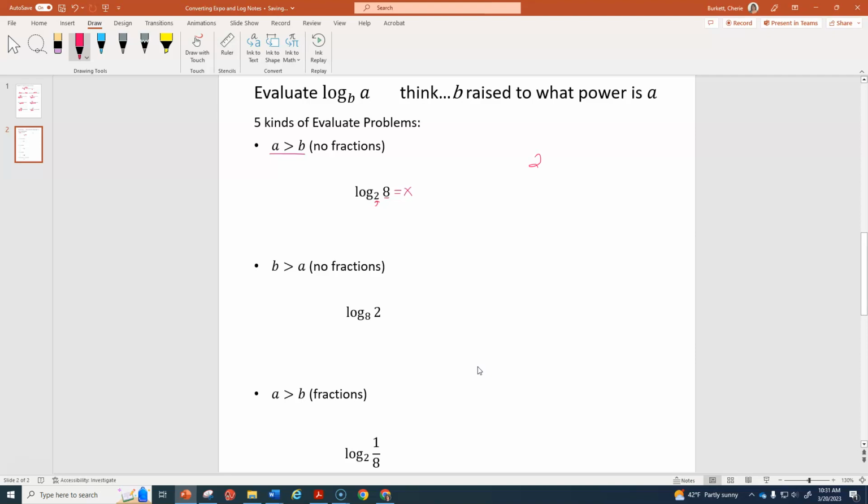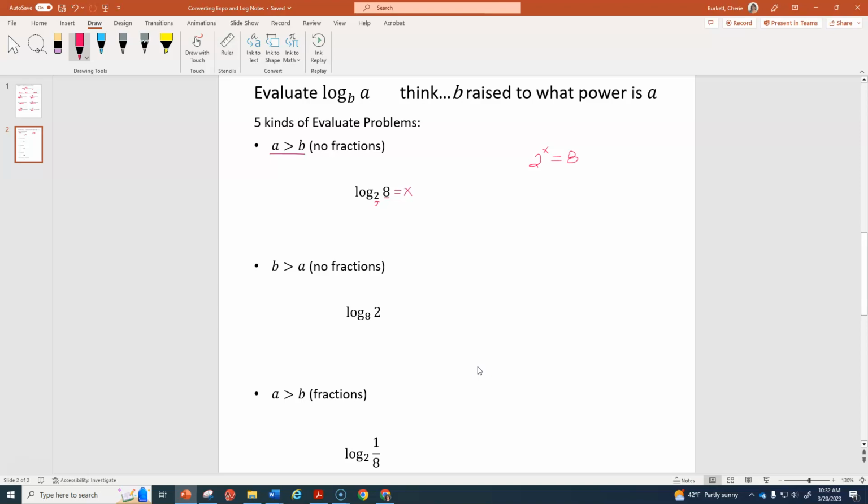That would be the base stays the base and the other 2 switch places. So this is what you're thinking. You can certainly write it down, especially when you are first starting to do this, but eventually, hopefully, this gets to be mental math. So you don't actually do that part, but this is what you're going to be doing.